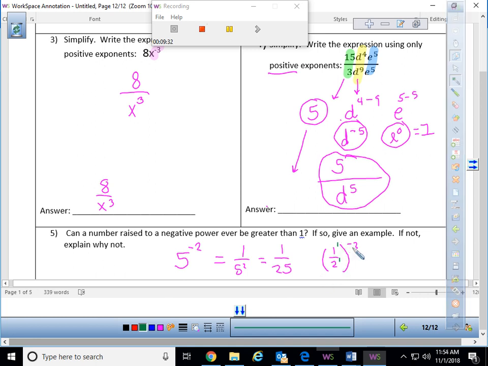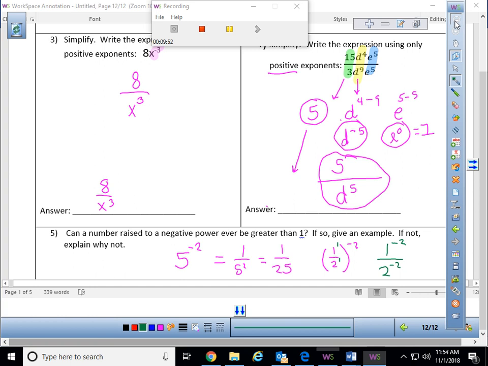So I'm just going to multiply this. So -2 times 1, so this is 1 to the -2 power. And then this is -2 times 1, so this is 2 to the -2 power.